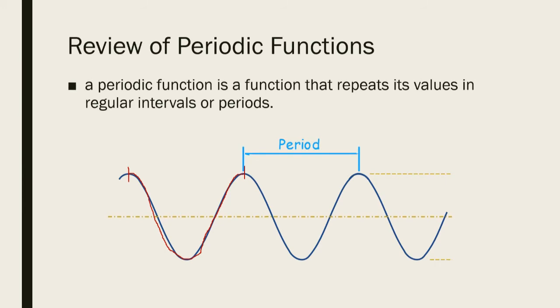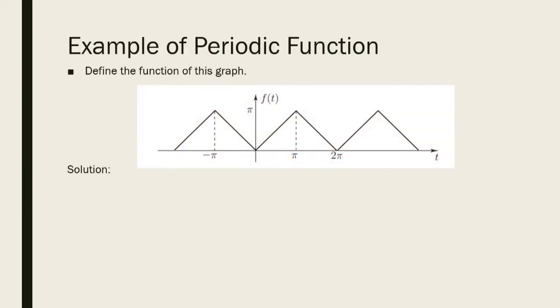Okay, so here's an example of a periodic function. So let's define this function according to this graph. As you can see here in a triangle wave, it repeats its values after 2 pi intervals. How can I say that? Let's assume the initial point is at negative pi. At what point do I see again when f of t is pi?